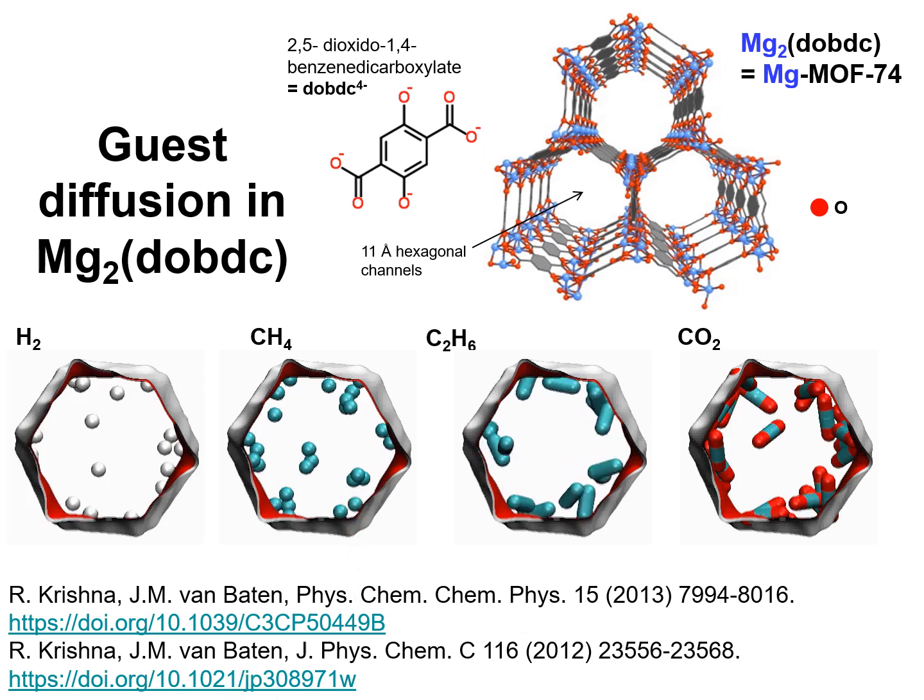Let's move on to carbon dioxide. CO2 attaches itself to the unsaturated magnesium atoms located at these vertices, and the binding of CO2 is very strong.